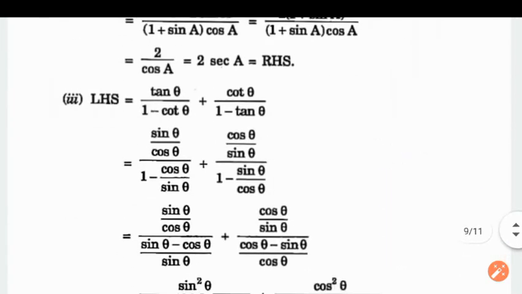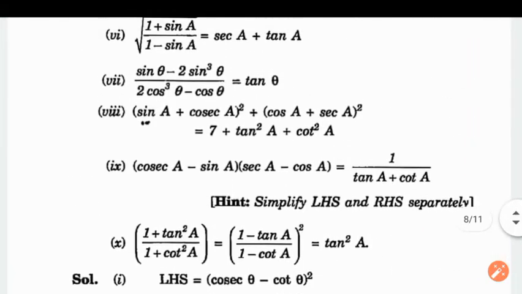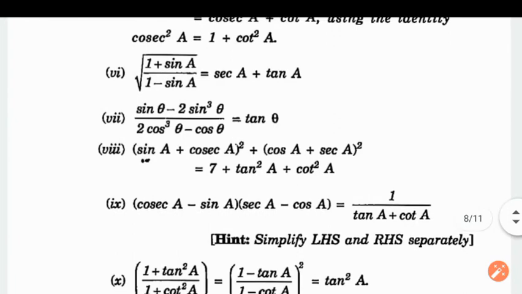Question number 7. Sin theta minus 2 sin cube theta by 2 cos cube theta minus cos theta. We are required to prove this equals tan theta. In the numerator we have sin theta common, in the denominator we have cos theta common.